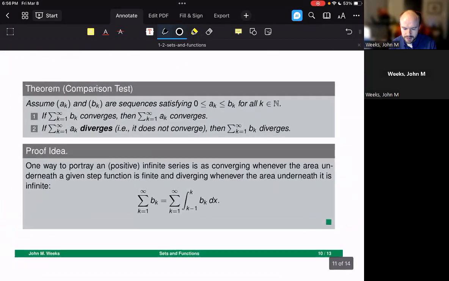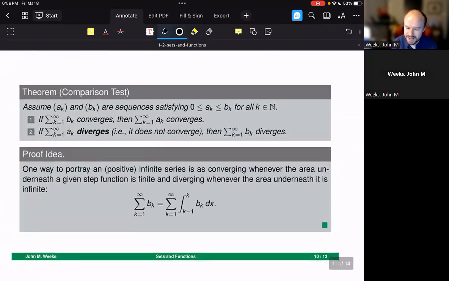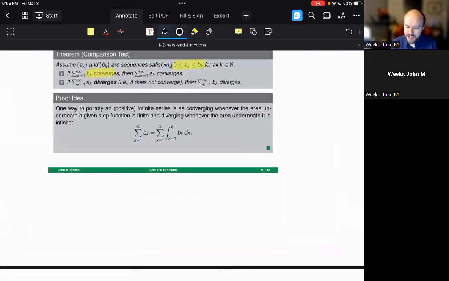There are a few other ways that we can determine if things converge rather than just using this epsilon definition for series. We could also use a sub k and b sub k, just being any sequences, parts that make up this series, such that a sub k is less than or equal to b sub k, but both sequences are non-negative. If we know that b sub k converges, well, think of it this way. I can sum each of these values of b sub k and get something that is going to be a finite value.